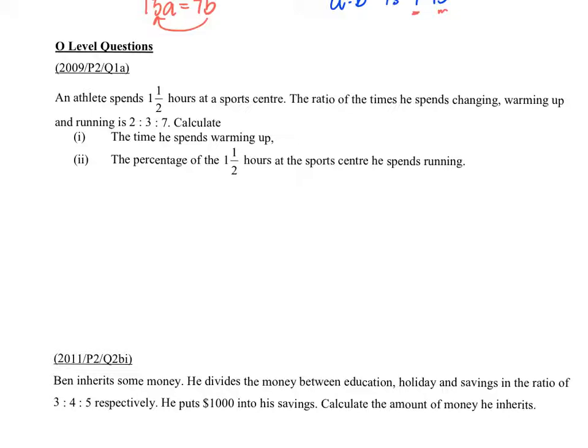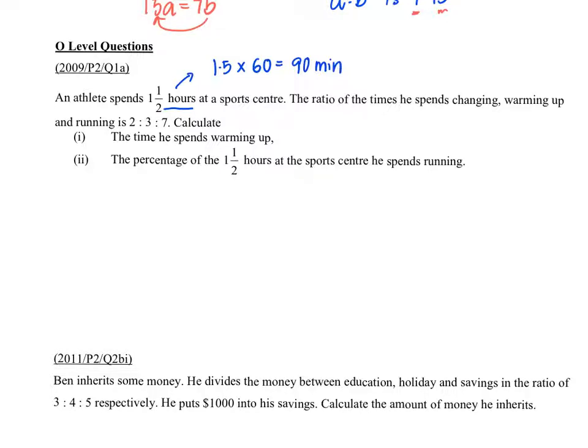Now I can find time in terms of hours, or in terms of minutes. In this case, I don't like to deal with fractions, so I'll prefer to change 1.5 hours into minutes. So 1.5 of an hour times 60 gives 90 minutes.